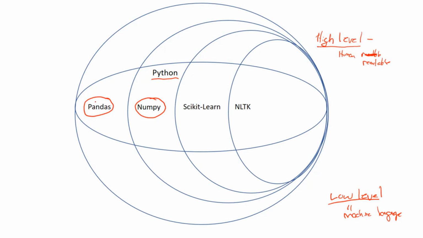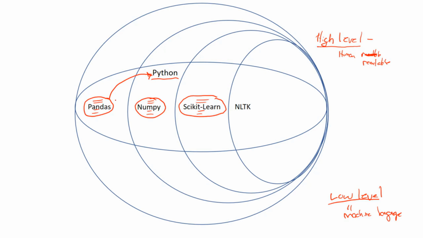Each of these libraries is no more than groups of code. Each of these is simply code, and it is code that we can import into Python. And the code in here has functionality that extends the Python programming language.